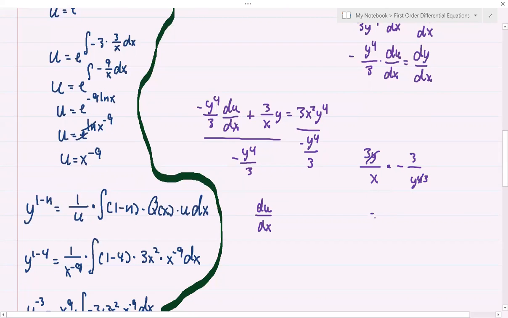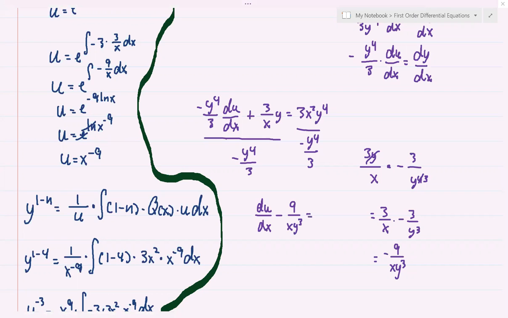As a result, we will have 3 all over x times negative 3 all over y cubed, so we will have negative 9 all over x y raised to 3. That's it. So we have negative 9 all over x times y raised to 3, or y cubed.